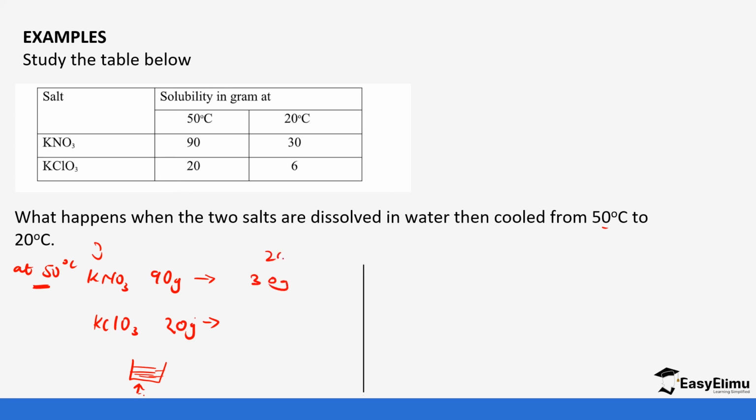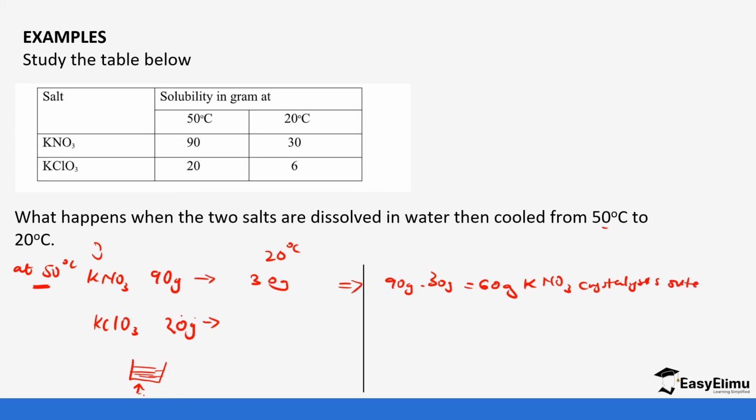This tells you that a certain amount of salt has crystallized out, and that will be 90 grams minus 30 grams, which gives you 60 grams. So 60 grams of potassium nitrate crystallizes out.